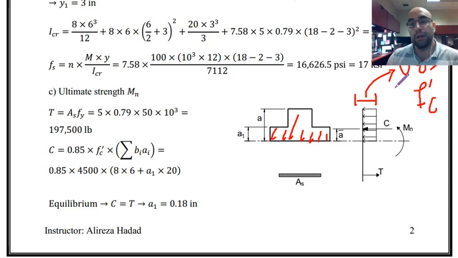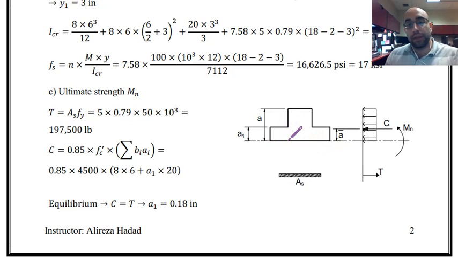That is always the same. What is changing is this A, or depth of compression block, which depends on the amount of tension force and the configuration of the section. So I'm calculating the amount of compression force that we have by multiplying the stress by the area under the stress.